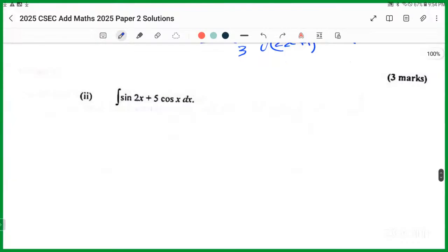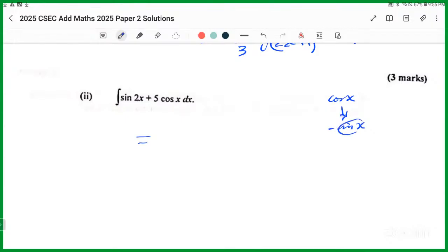Integrate sine and cos. Remember how you differentiate. Now remember that when you differentiate cos x, you get minus sine x.